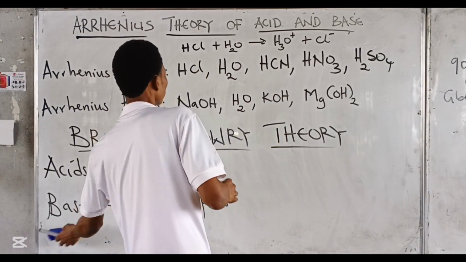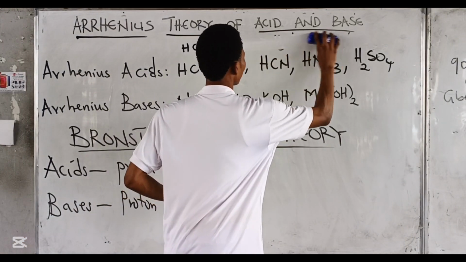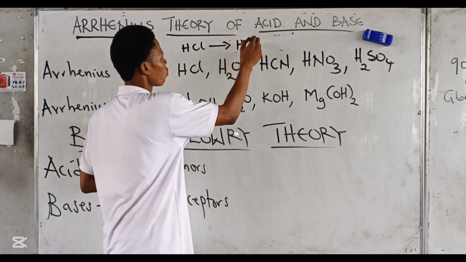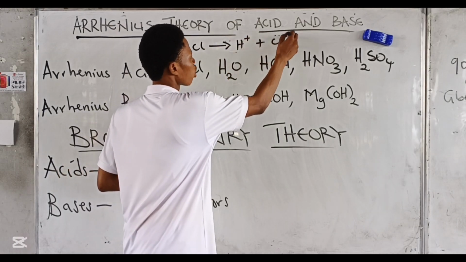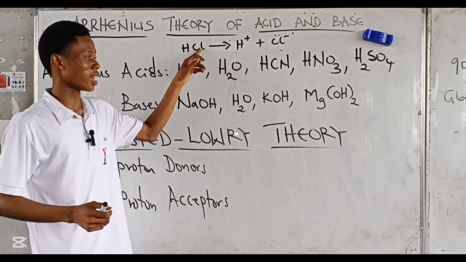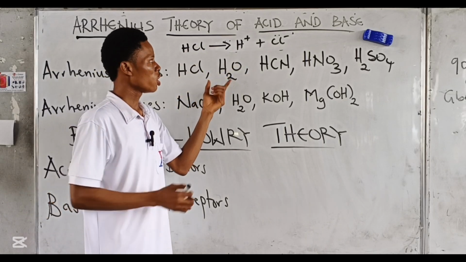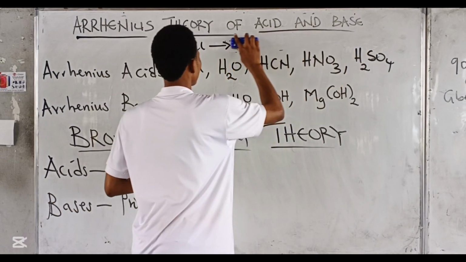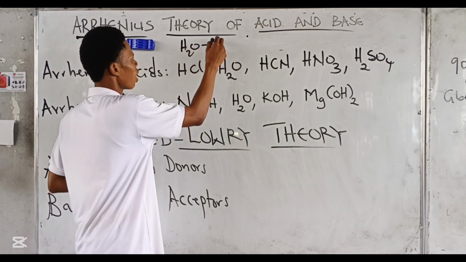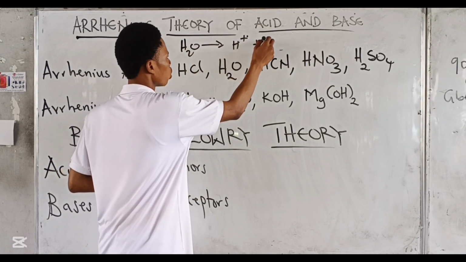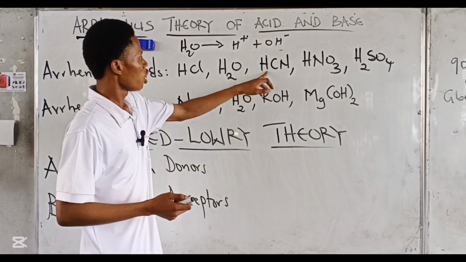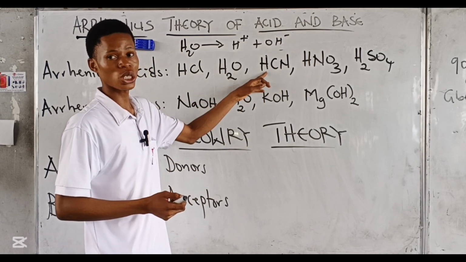If I dissolve this in water, it will dissociate to form hydrogen ion and chloride ion, right? This is the only positive ion here. This is Arrhenius acid. Water, if H2O dissociates, we have H plus and what? Right? HCN, hydrogen cyanide.